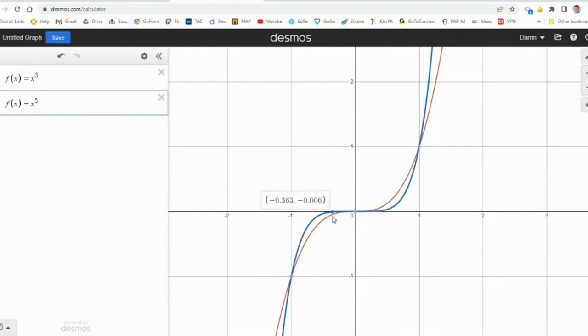The red one starts going down a lot faster, so it just flattens more. And if you want to make it extreme, let's make it x to the 15th power. The bigger the exponent, if it's an odd exponent like this, the longer it stays close to 0.